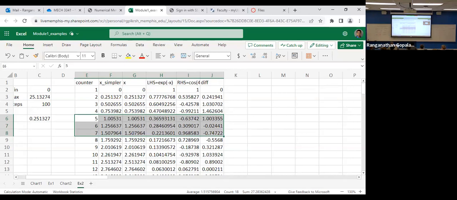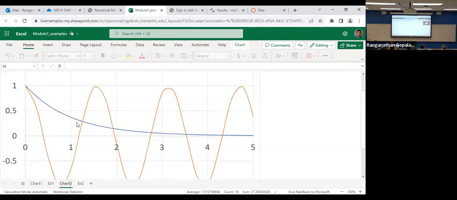That's literally what happens, where if you see here, until this intersection point, e power minus x was above this curve, and after that intersection point, it came below the curve. That's what the flipping of the sign means, that there was an intersection between 1.005 and 1.508.